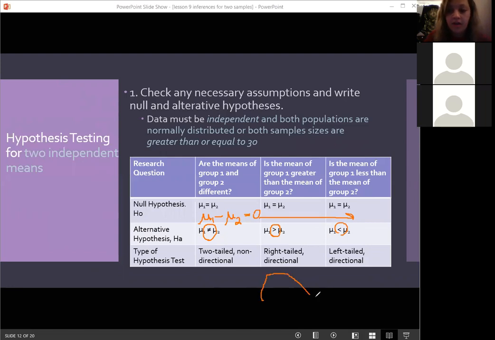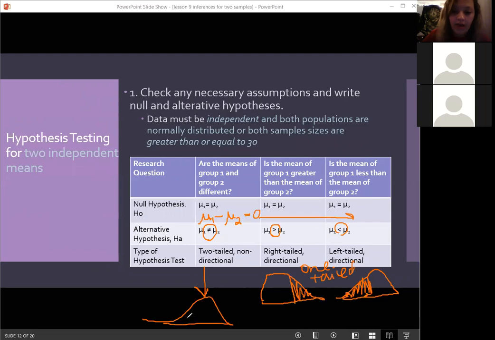So if we're talking about greater than, we're going to have our p-value over here, and then left-tailed, we're going to have our p-value on the left side here, but they're still both one-tailed. That's in comparison to our two-tailed, where the p-value is going to be on both sides in terms of our t-score, excuse me, for means.